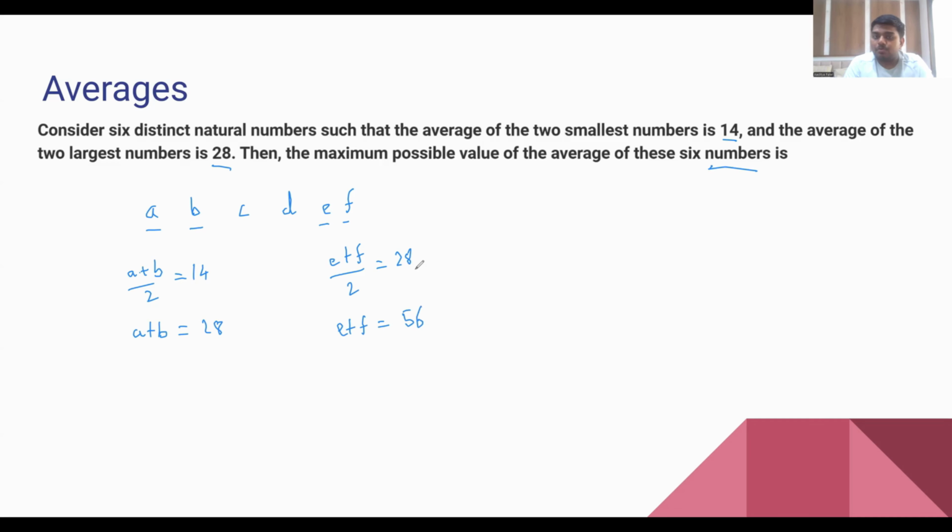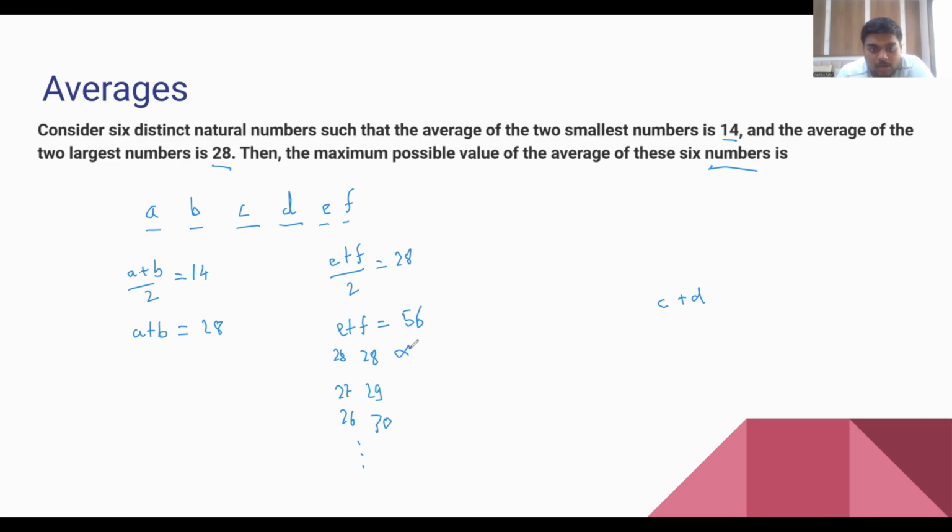Now what do we have to do? Maximum possible value of the average. So we have to maximize C plus D in order to get the maximum possible average. The numbers are distinct, so for 56, one case could have been 28 plus 28, another 27 plus 29, 26 plus 30, and so on.